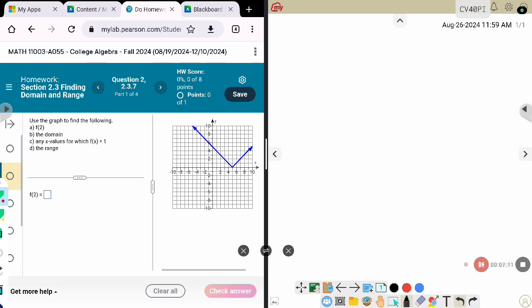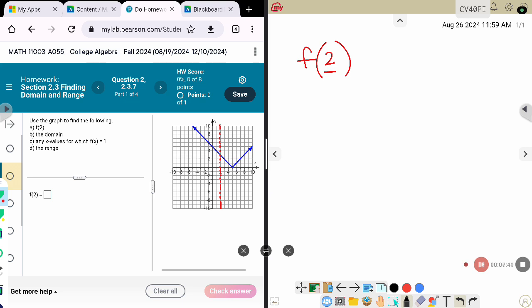So the first thing it wants me to find is f of 2. Remember, what's inside the parentheses, this number here, is your x coordinate. So what I want to do is go to the graph and find where the x is 2. Everywhere along this dotted line, the x coordinate would be positive 2, correct?